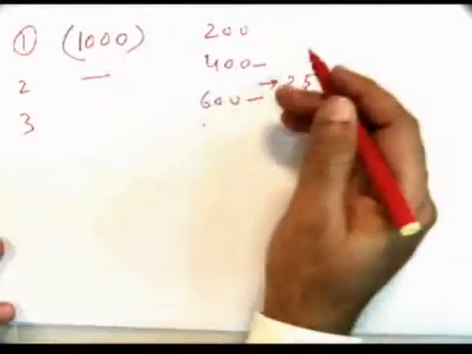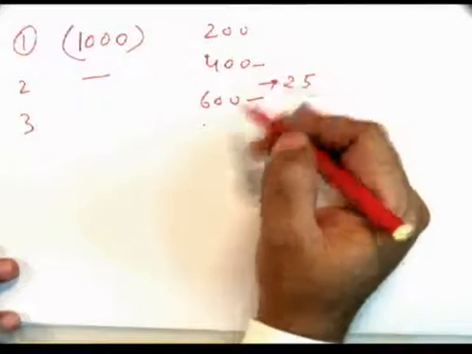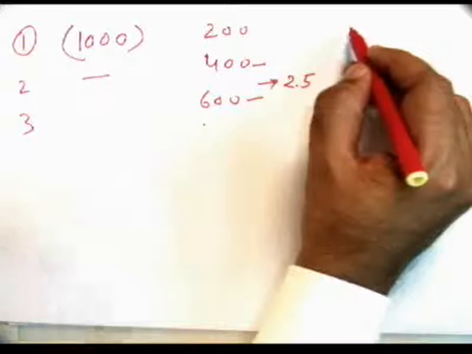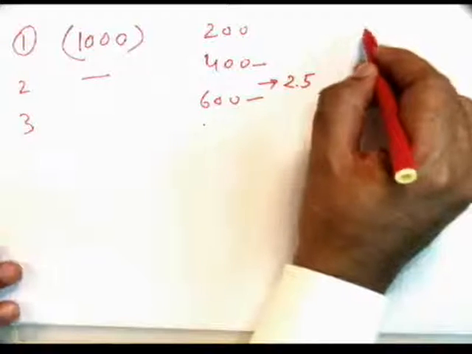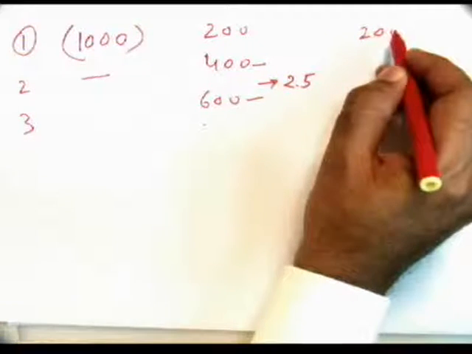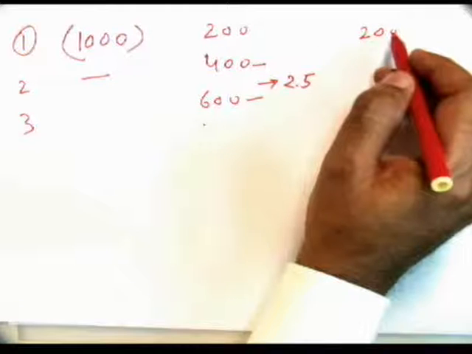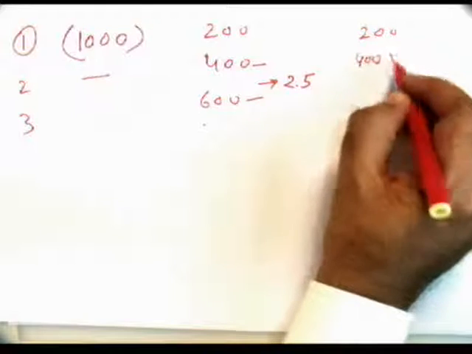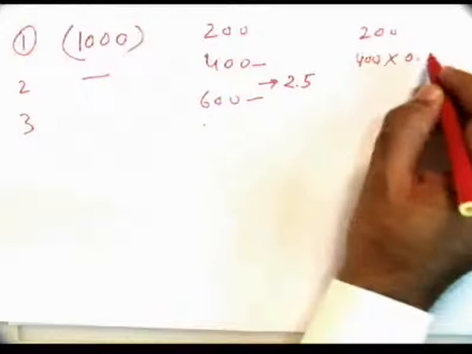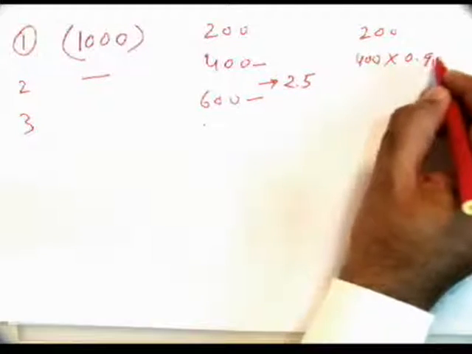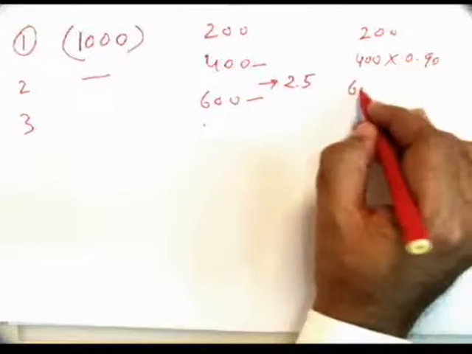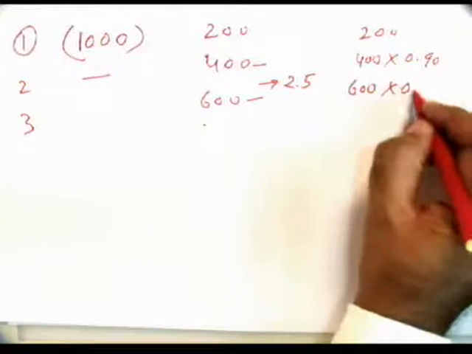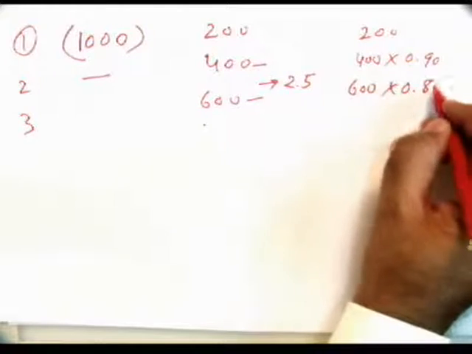But it ignores the interest we have to pay. If you apply the discount rate, in the first year 200 is 200 rupees, but the 200 you get next year is less than 200 rupees. So you have to multiply 400 by, say for example, a 10% interest, 90, and 600 will be again less, it will be less than 80 in fact.